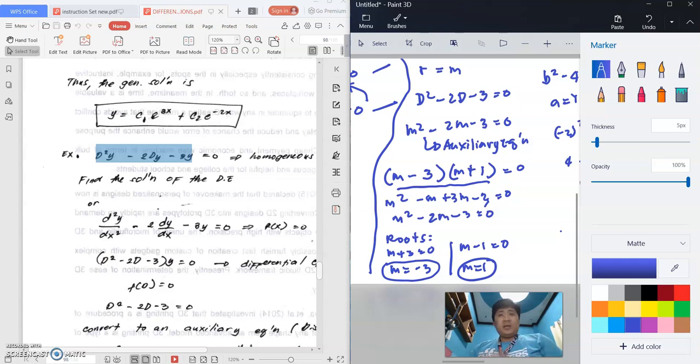So m times m, that is m squared, m minus, that is positive m, and this one should be negative 3 times m, that is negative 3m, then negative 3. So that we could arrive at negative 2m. So it is negative 2m indeed, because the signs go positive, negative, positive, negative.